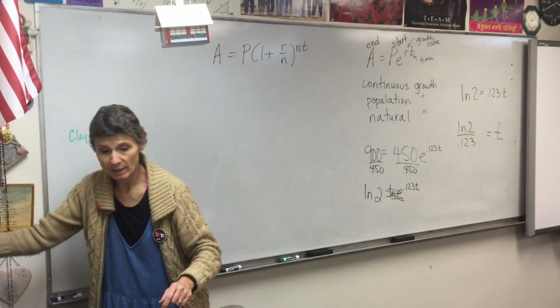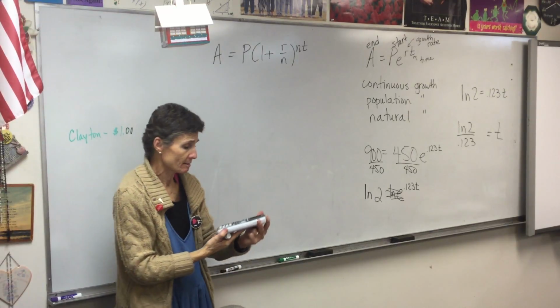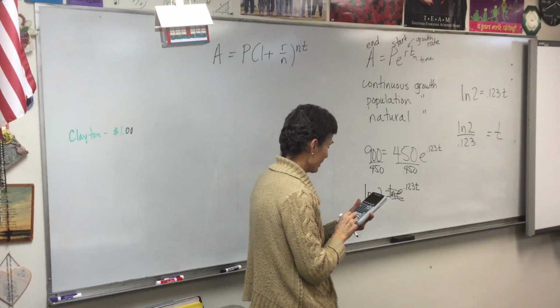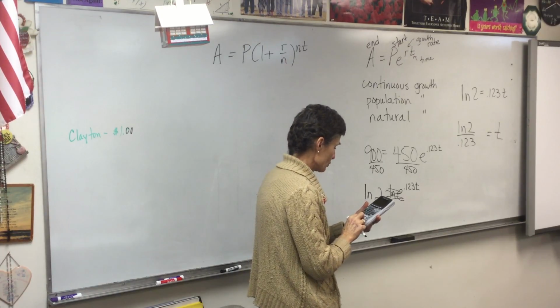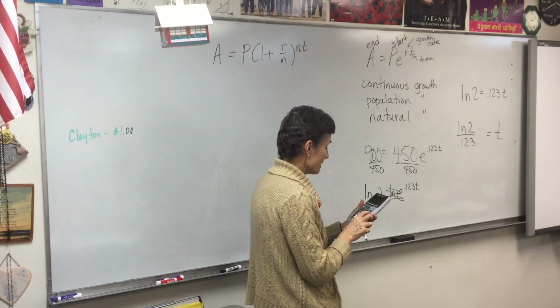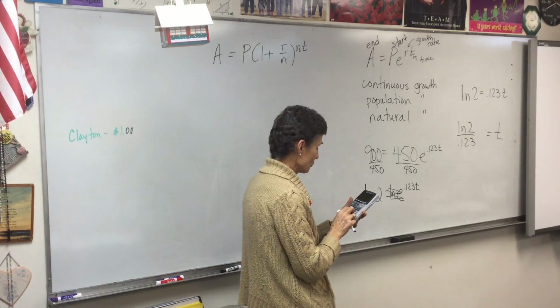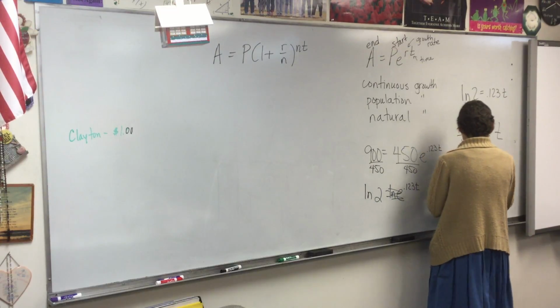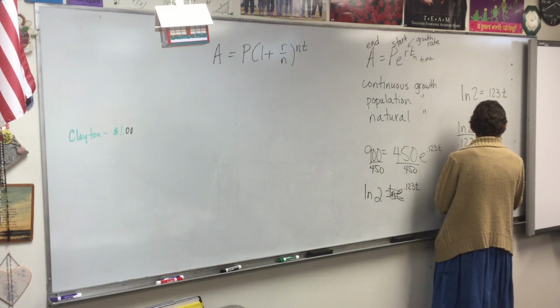So if you have your calculator today, it would be awesome if you got it out. ln 2, whoops, turn it on. ln 2, don't forget to close the parentheses, divided by 0.123. And I got 5.6353.